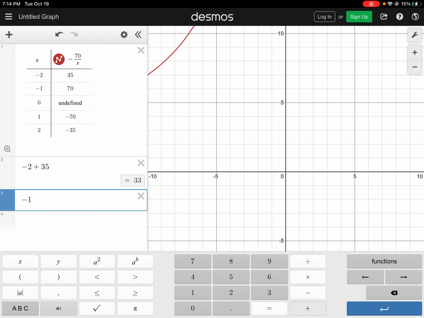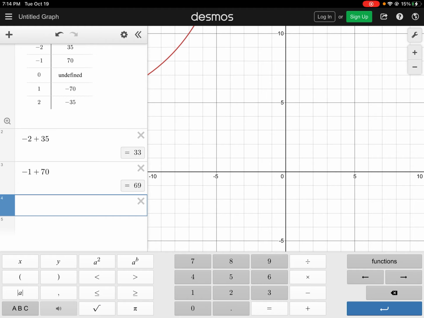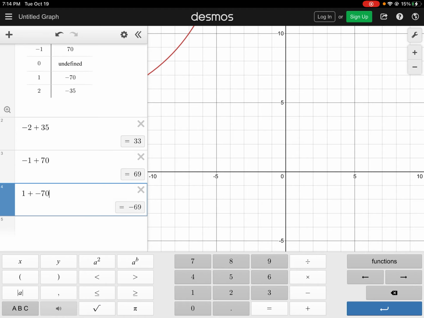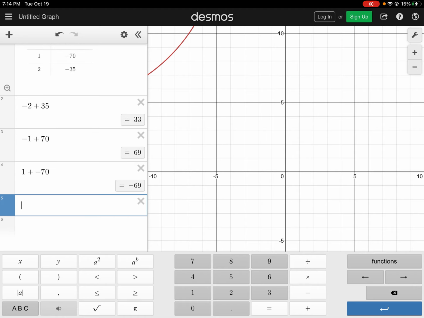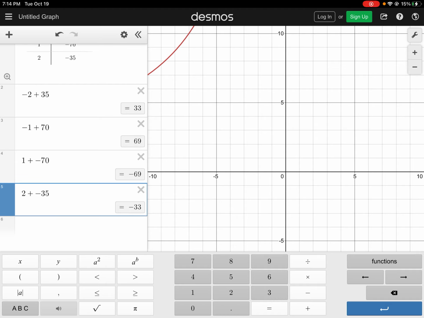Try the next one. Yep, not even remotely close. Leave undefined or decimals alone. So let's try 1 plus -70. No, at least it's a negative though. 2 plus -35. Oh, -33. Again, at least it's a negative, but we're looking for just -3.